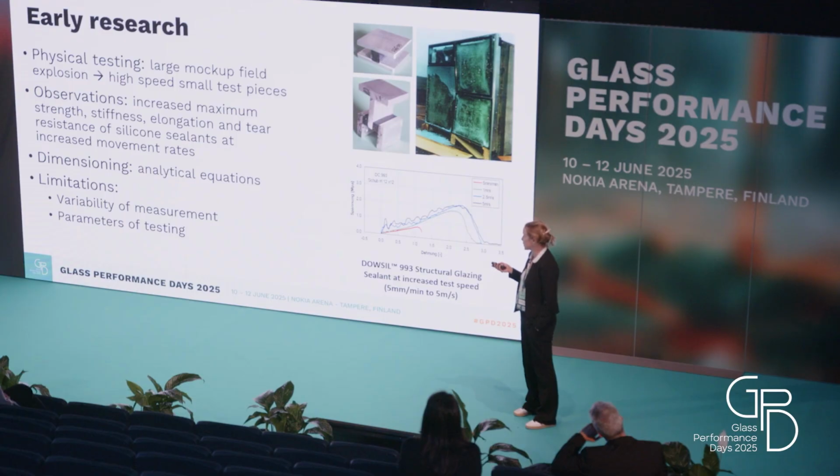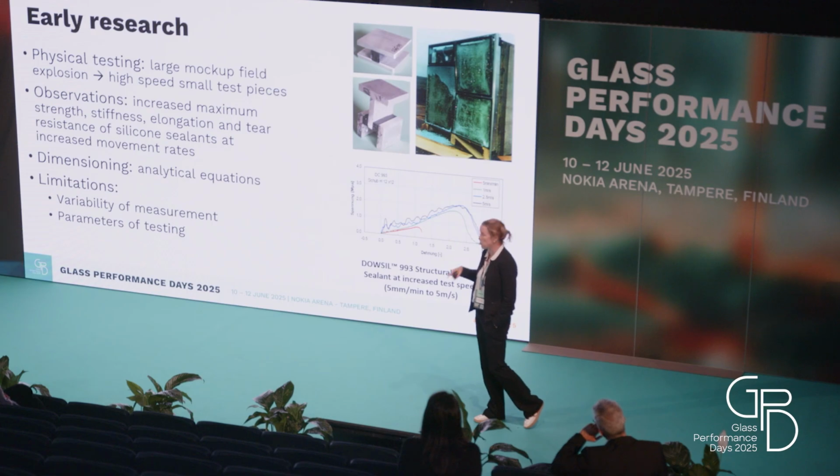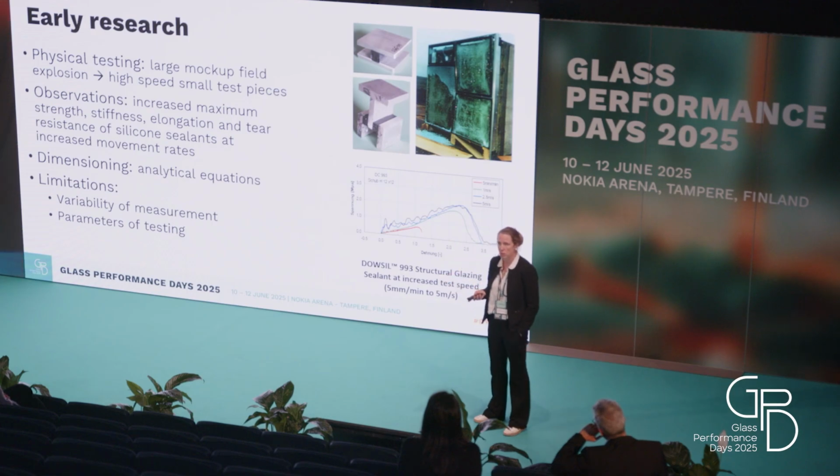In general, we observe an increase in maximum strength, stiffness, elongation, and tear resistance of the silicones when we test them at an increased movement rate. So we've used these data since the beginning in our conventional analytical equations and to do joint dimensioning.